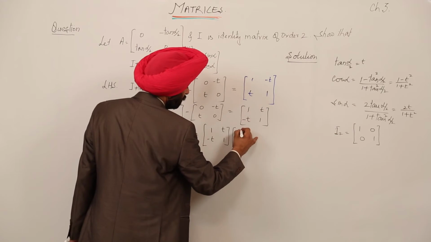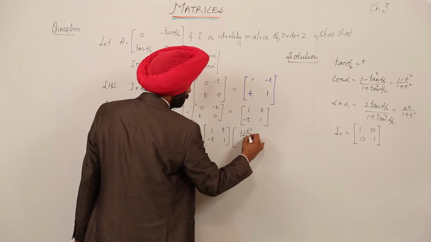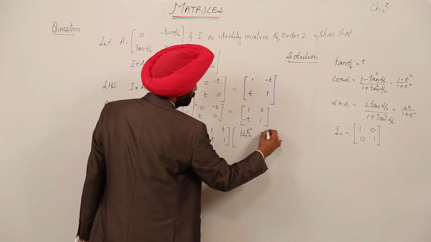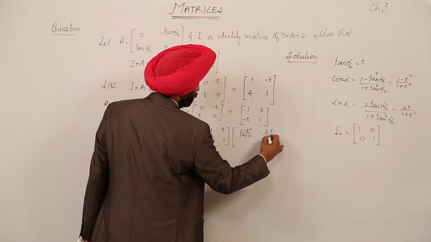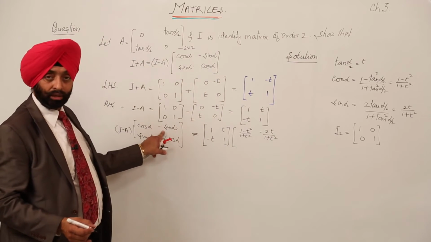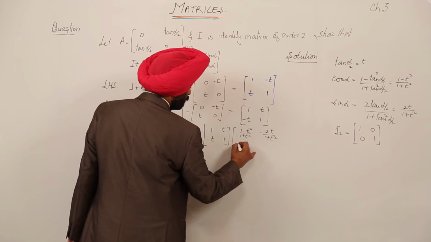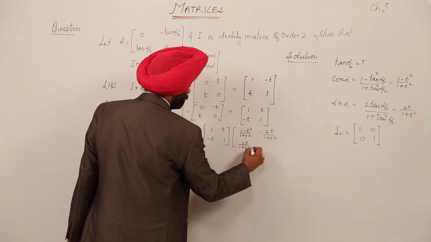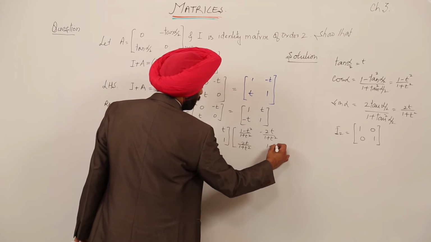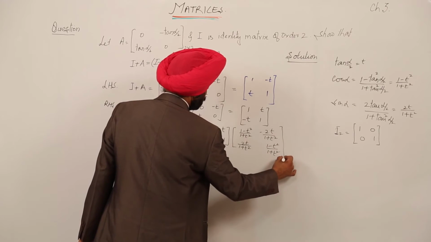Cos alpha is 1 minus t square upon 1 plus t square, minus 2t upon 1 plus t square, because it is minus sin alpha. Again sin alpha, 2t upon 1 plus t square, cos alpha 1 minus t square upon 1 plus t square.